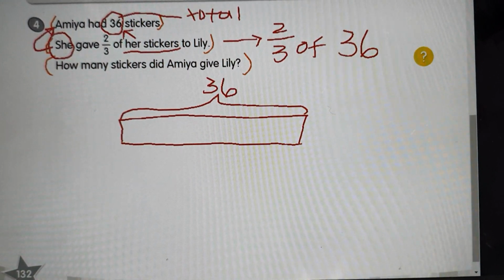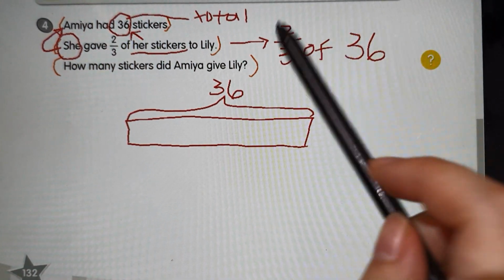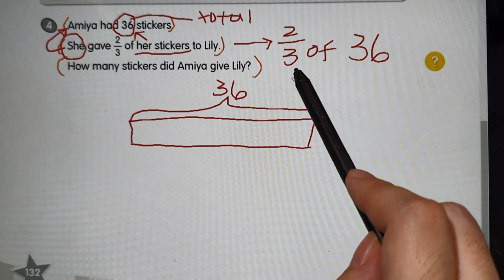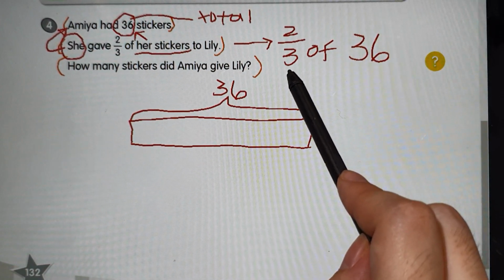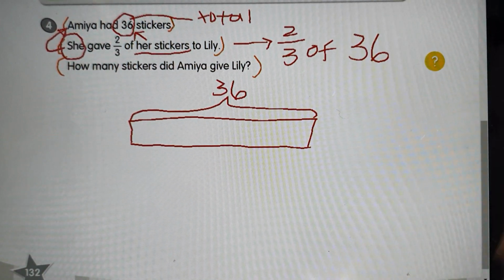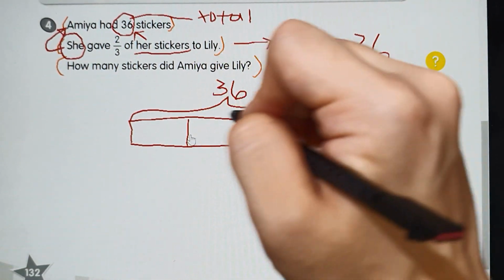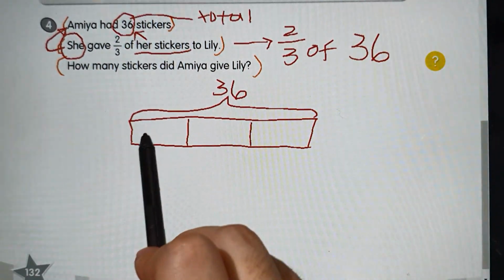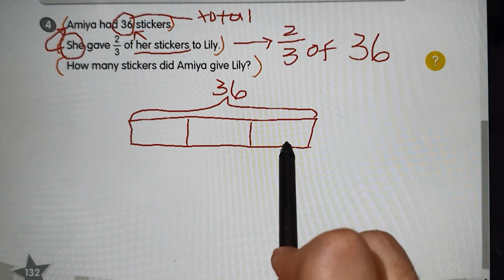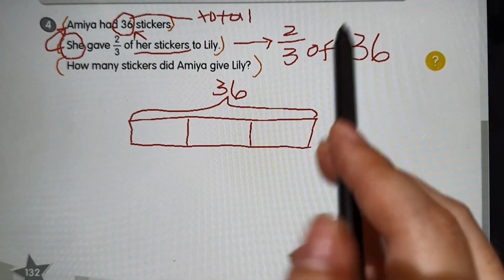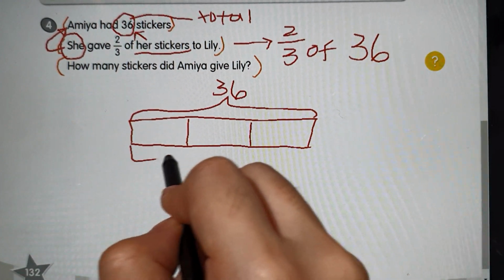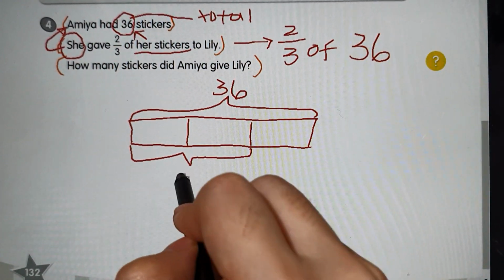So recall back to what I taught you previously, we always look at the denominator of our fraction. So since the denominator is 3, we will cut our bar into 3 parts. 1, 2, 3. So 2 parts out of 3 parts, which means I am interested in finding 2 parts.